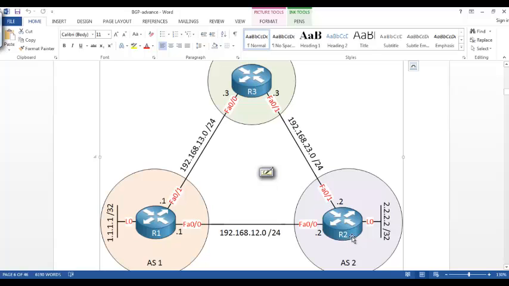On R2 you will not say backdoor for your own network. You say it for the route that is coming via the third-party autonomous system. So on router 2, I'll say network 1.1.1.1 backdoor, and on R1, network 2.2.2.2 backdoor.